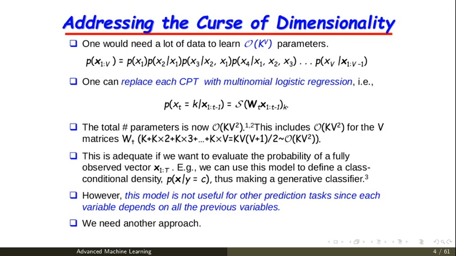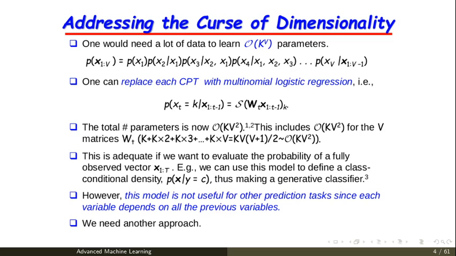Rather than making tables for each of those conditional probability distributions, you can replace them with a multinomial logistic regression model. So each of these distributions is logistic here.